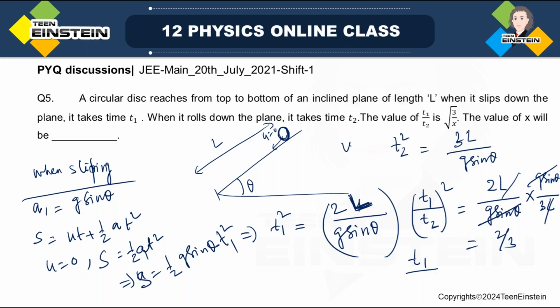sorry, this ratio you have actually been asked to find out T2 by T1. So this is actually T2 by T1. T2 by T1 ratio is given as root over 2 by 3. I'm sorry, this is 3 by 2.